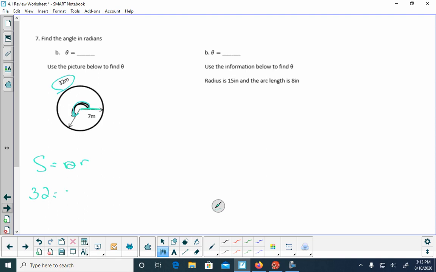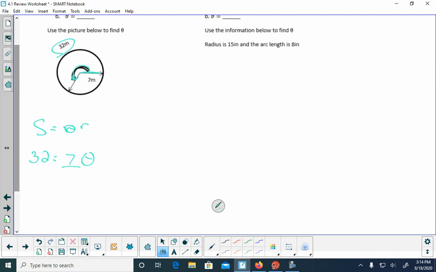So I'm going to have 7, and then I'm looking for my angle. I'm just going to divide both sides by 7, and I get 32 over 7 is equal to my angle. I can just leave it like that, or I can change it to a decimal, but my units are going to be radians. So I'm willing to bet that this would be 3.14 radians, so it's going to be probably 4-ish radians if I do that.